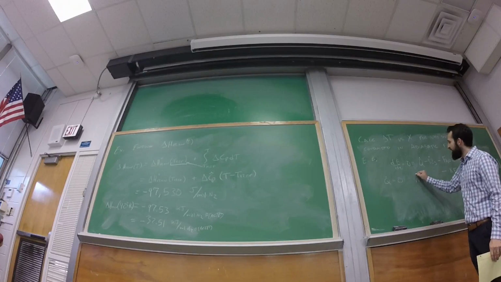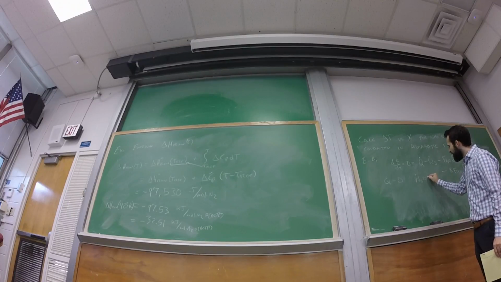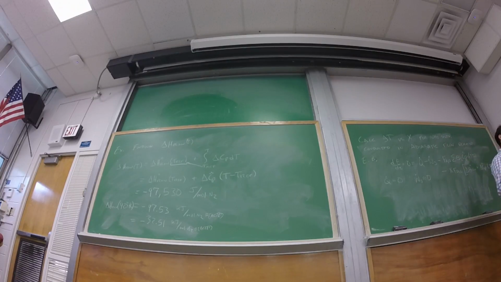So even when there is an impeller, you're often going to treat that shaft work as 0. Especially if you're not given any information on what the shaft work is. You're probably not going to calculate shaft work from first principles, so you're just going to assume that it's essentially 0.